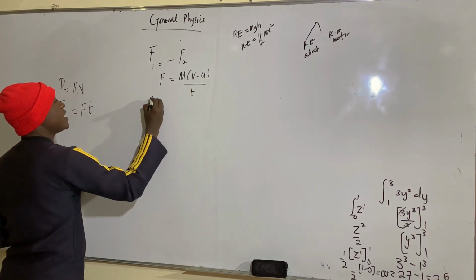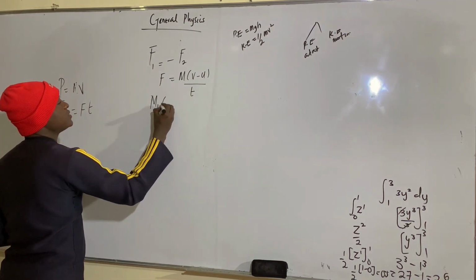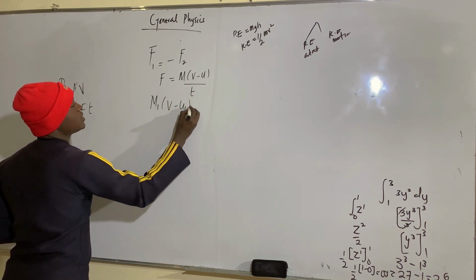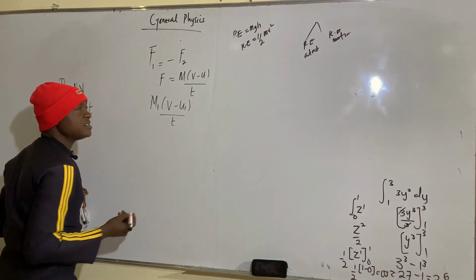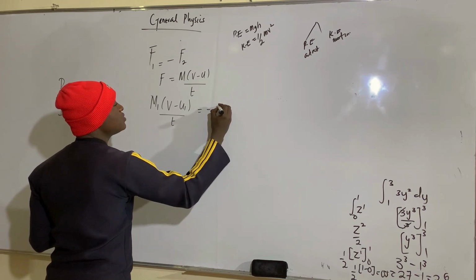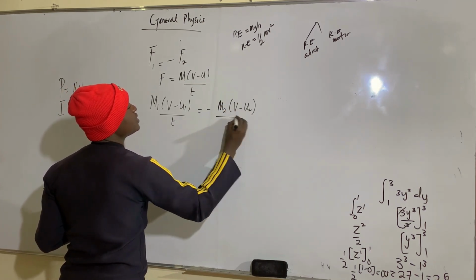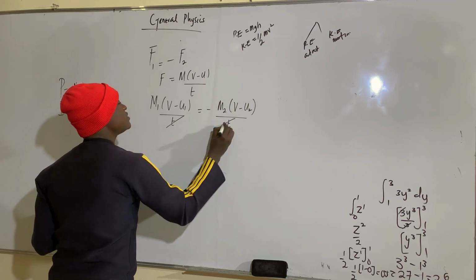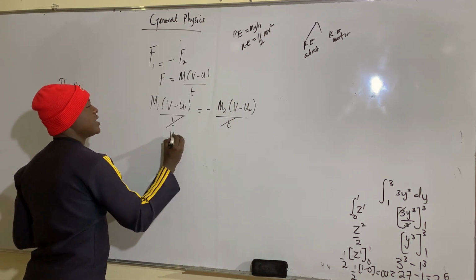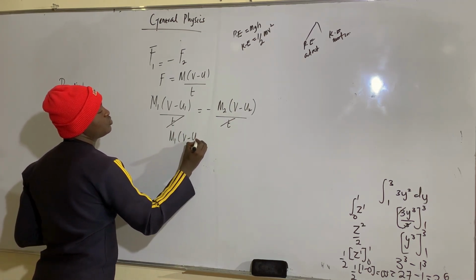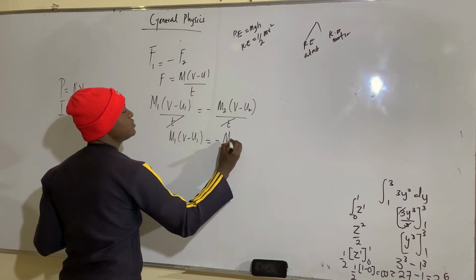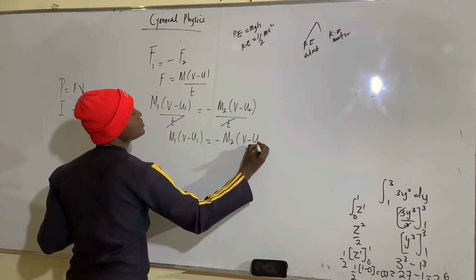For object 1, I can have m1 bracket of v minus u1 over t. Since they move in the same time, minus m2 bracket of v minus u2, all over t. So if t cancels t here, what we have left is m1 bracket of v minus u1 is equal to minus m2 bracket of v minus u2.